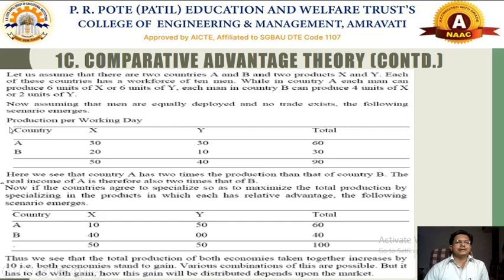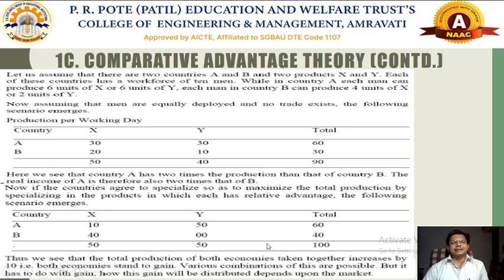This data is made available with respect to both nations, showing the different kinds of production based on the availability of the workforce, and the total amount which can be produced has been listed here. So a total of 90 units can be produced by both nations.